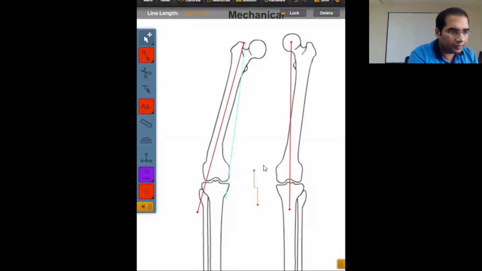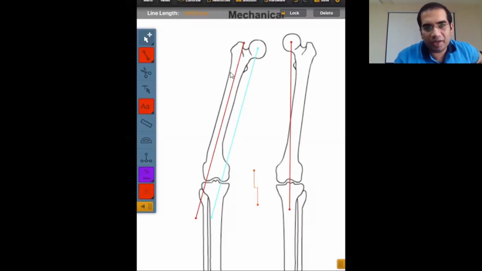Then we drew a line which is parallel to the anatomical axis, and we extended it to the center of the femur. How are you going to draw this line on paper, on X-ray?